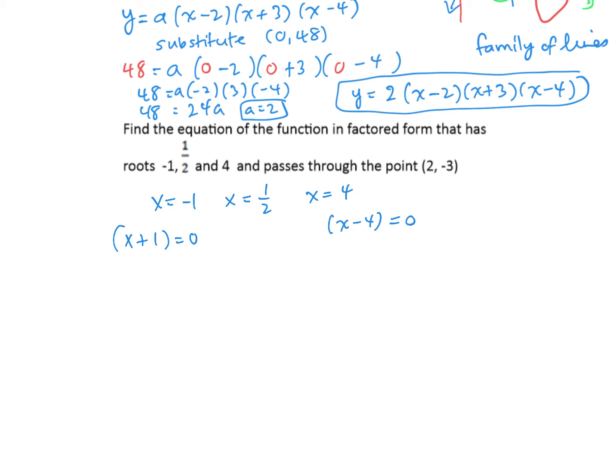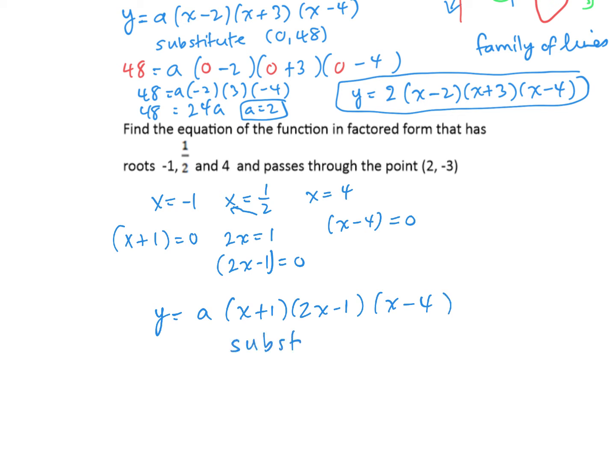So what we can do is cross multiply to make that 2x, and then move the 1 to get our factor. This way we're not using fractions in our factors. Once we've done that, we will need a point to substitute in to find the value of a. At this point, I would substitute in the point to -3, and that will allow me to find a.